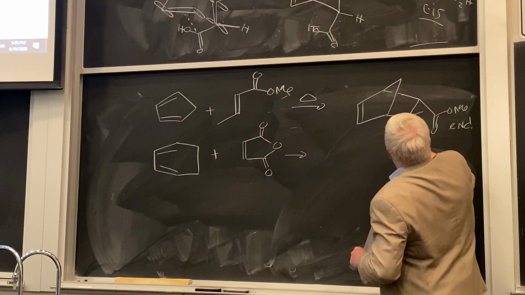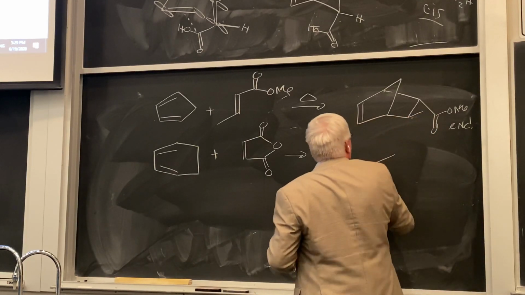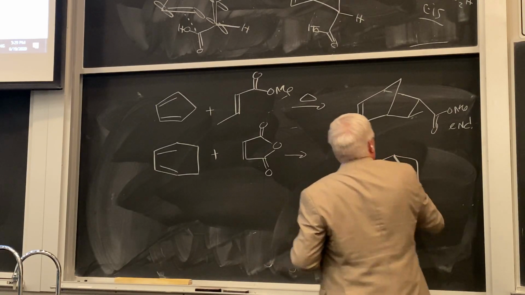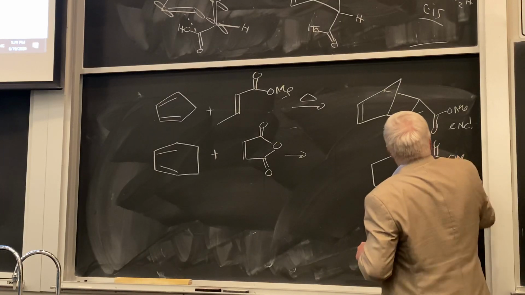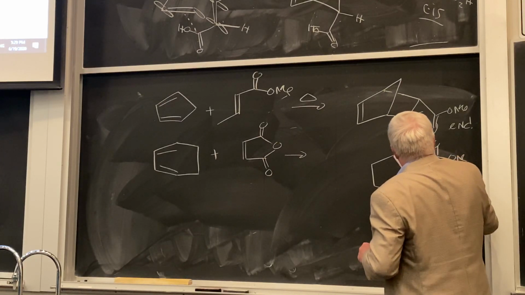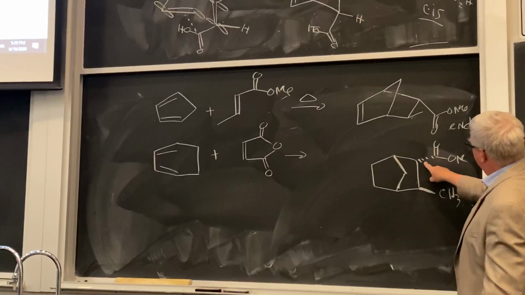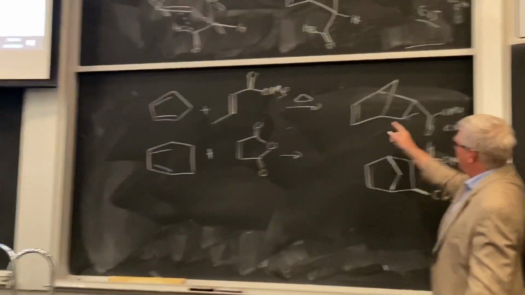And we're going to have this methyl group up right there. Now, if you draw that in a flat view, what would it look like? It would look like this, where you'd have the ester down and the methyl group up. And you see the methyl ester is tucked underneath there. And that's part of the endo rule.